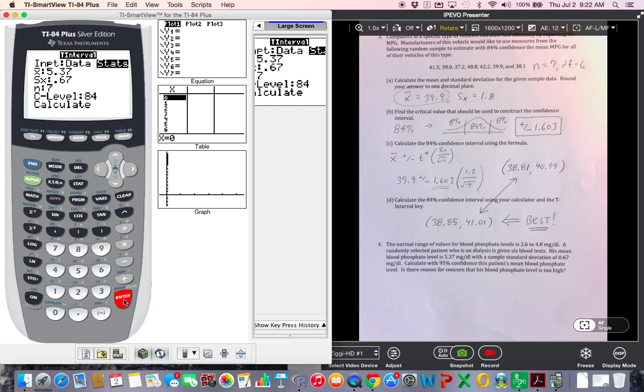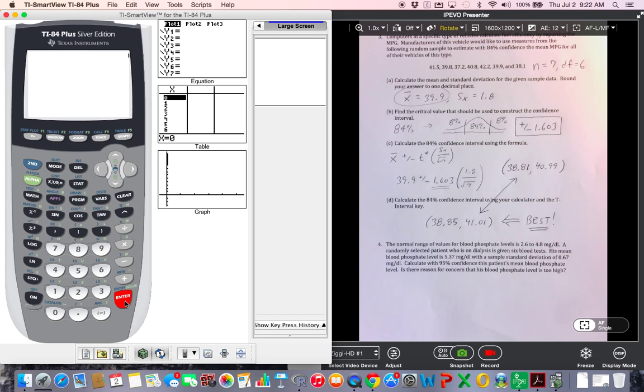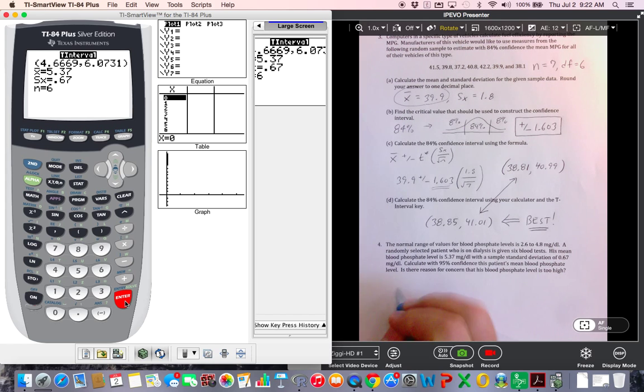It says that this person took 6 blood tests. And we'd like to estimate with 95% confidence this person's average blood phosphate level. So this person's blood phosphate level looks like it's 4.7 to 6.07.